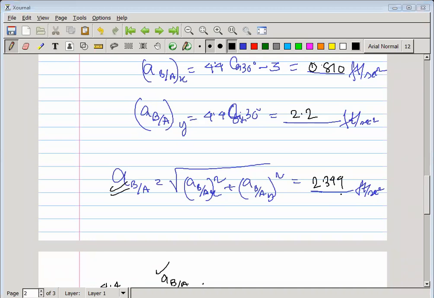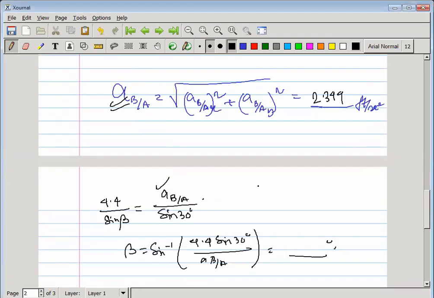So now try to solve this one. What should be the beta value then? We have to simply put 4.4 sine 30 degree divided by 2.344.